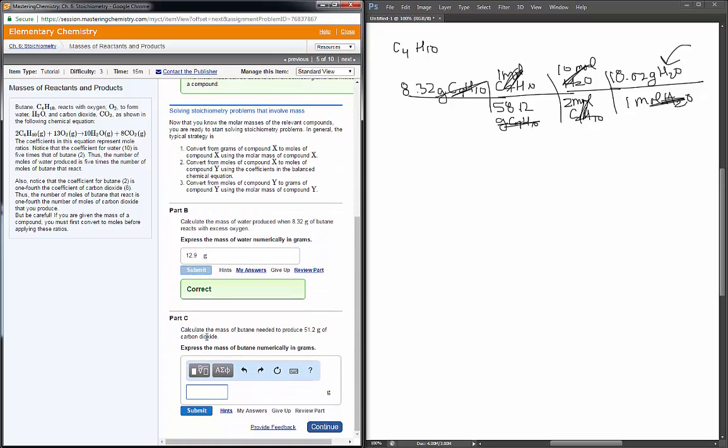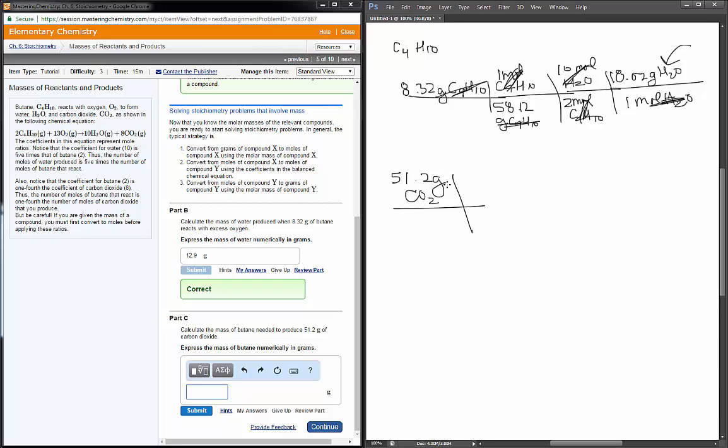Perfect. We're going to do the same thing, except for now we are given the mass of carbon dioxide, and we have to go back to find the mass of butane that we started with. So if we start with mass of carbon dioxide, 51.2 grams CO2, and I know I can get from carbon dioxide to butane using moles, because clearly 2 moles of butane makes 8 moles of carbon dioxide, but I'm not given moles, I'm given grams.